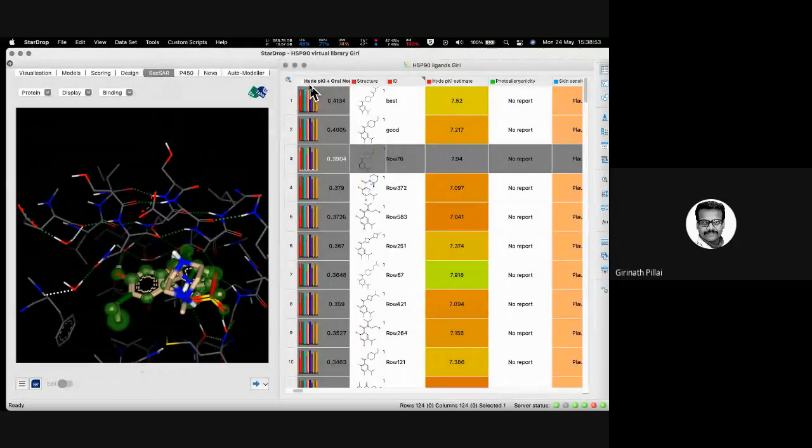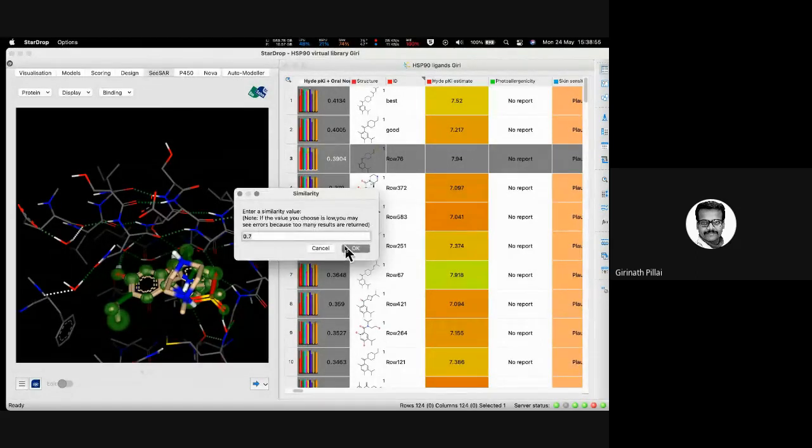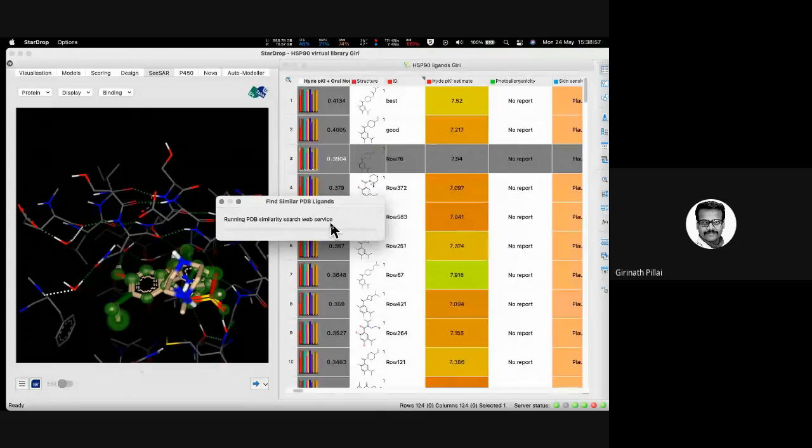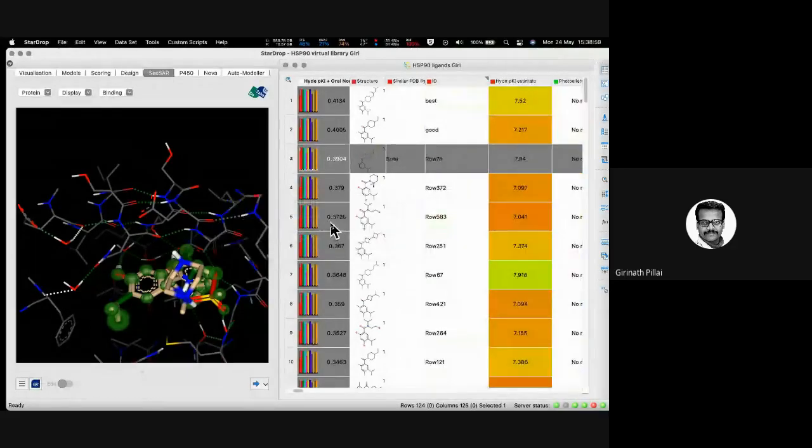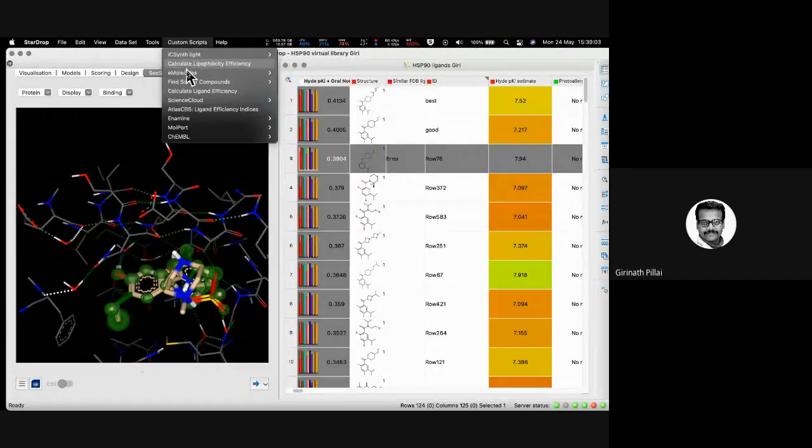It will search the Protein Data Bank for compounds with 0.7 similarity and tell you the possible PDB IDs. I think all my APIs are having some issues. It's not working well. But this way, it will be easy for you to identify the hit for your natural products.